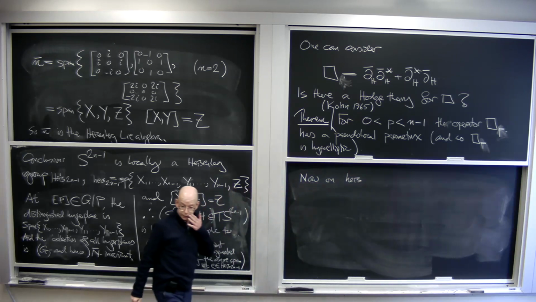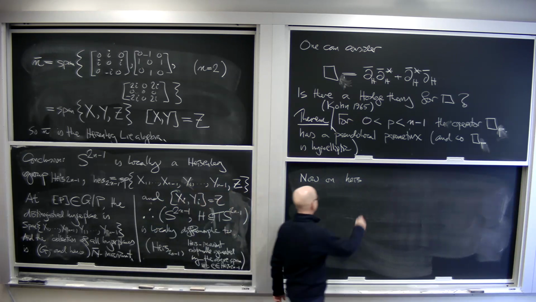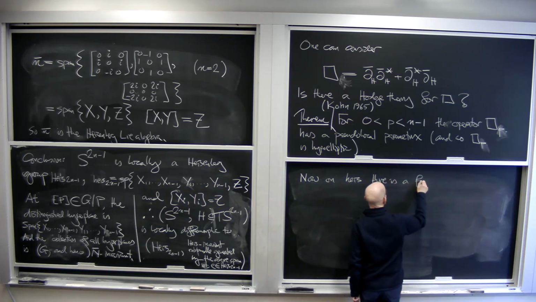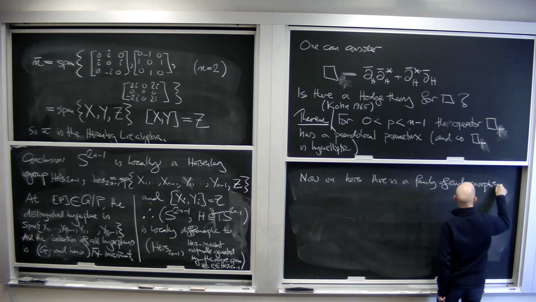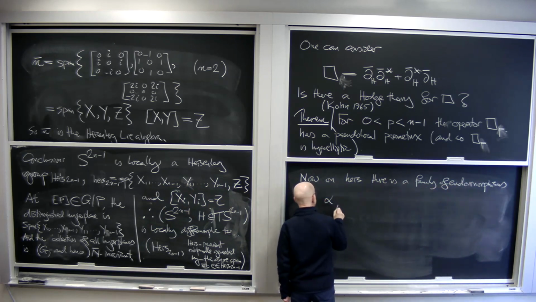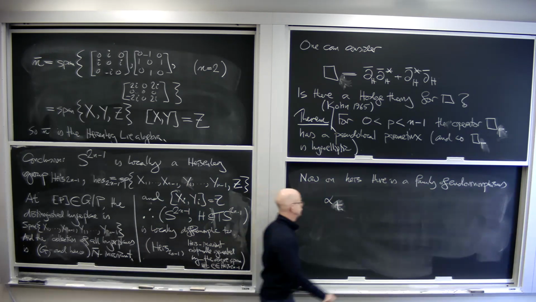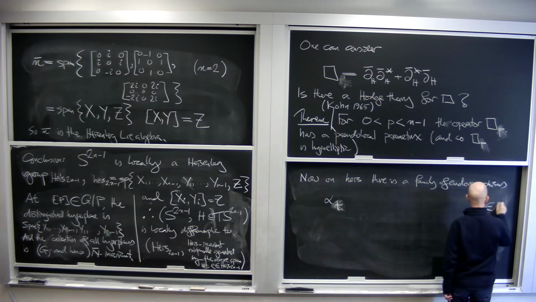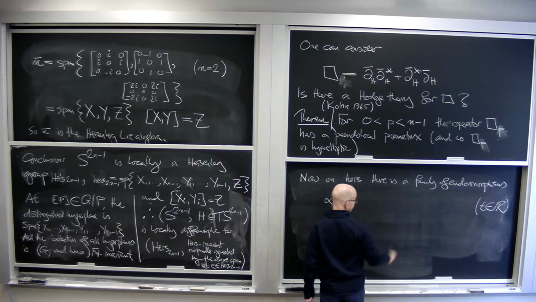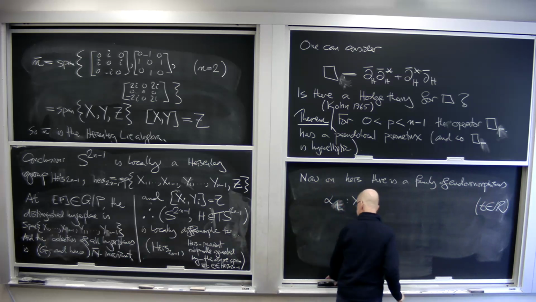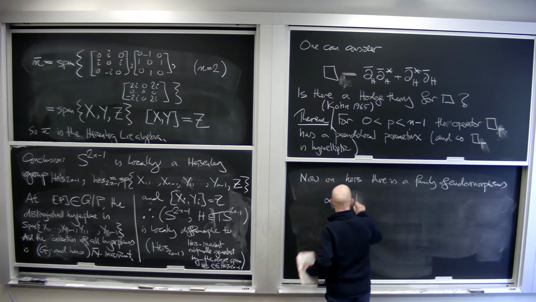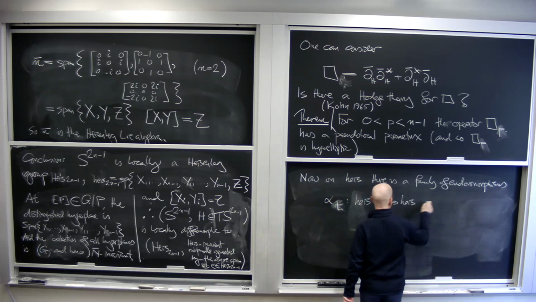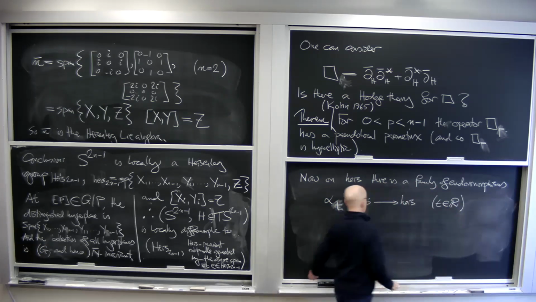On one of these Heisenberg Lie algebras to begin with, there's a family of endomorphisms parameterized by T and R. So these are just Lie algebra maps, which smoothly vary with T. And what are they?